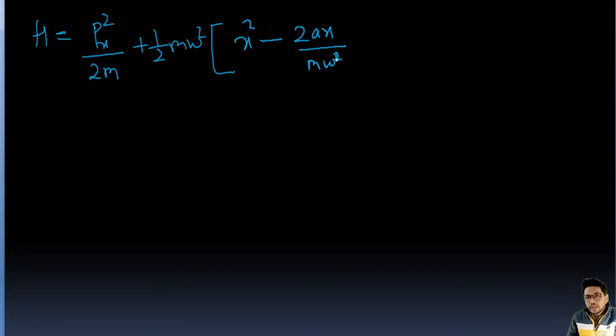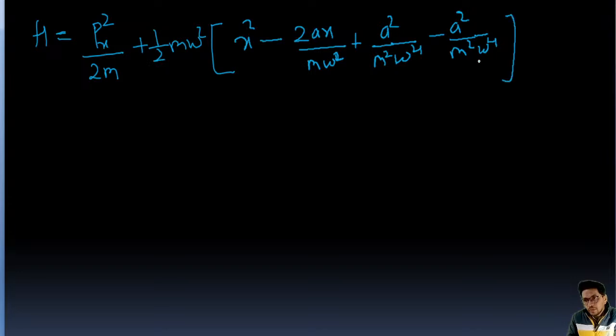So here we can do one thing, right? We can add a term for making a perfect square. We can add a square upon m square omega to the power 4, and also we can subtract a square upon m square omega to the power 4. We can add and subtract.